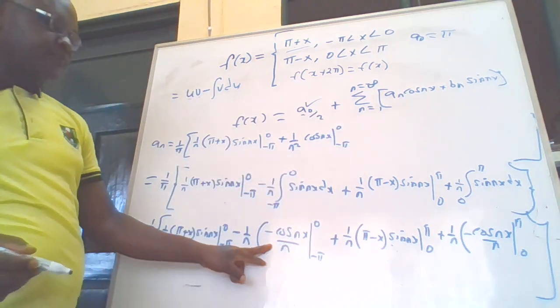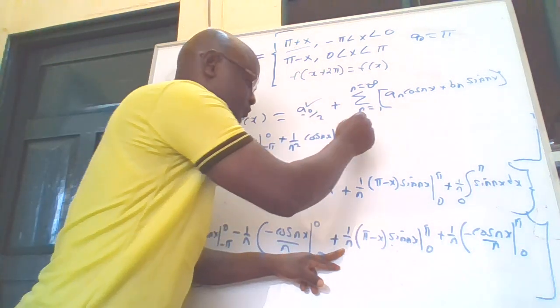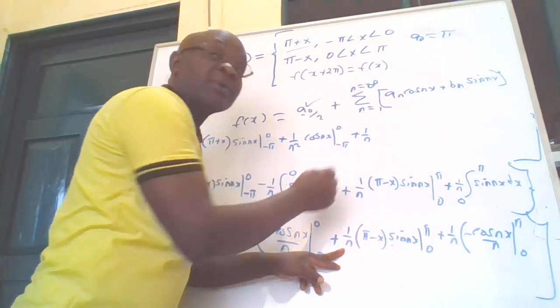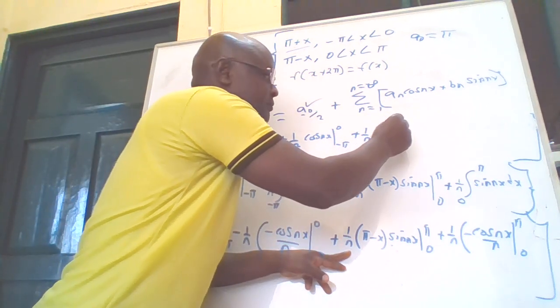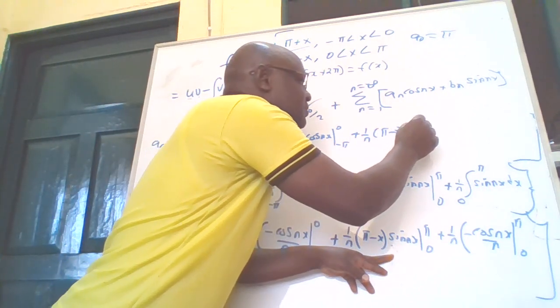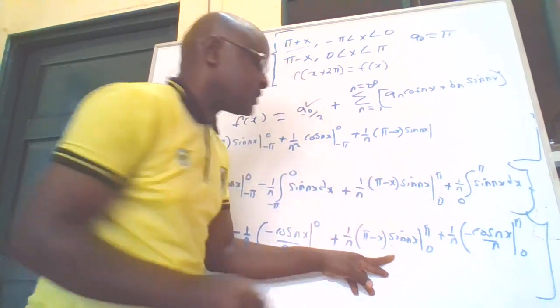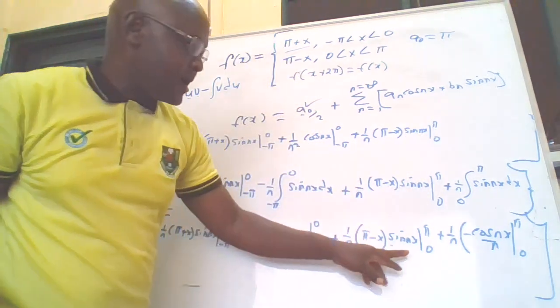that is it. And then I have plus 1 all over n, pi minus x sin nx by 0.